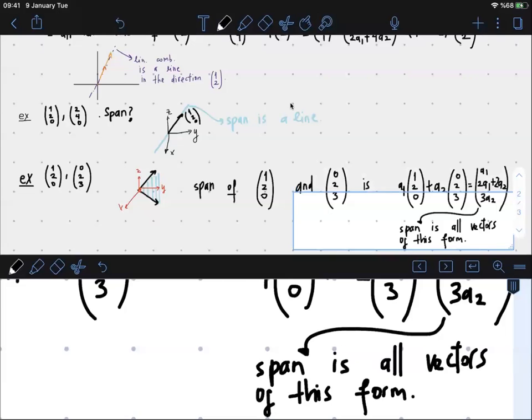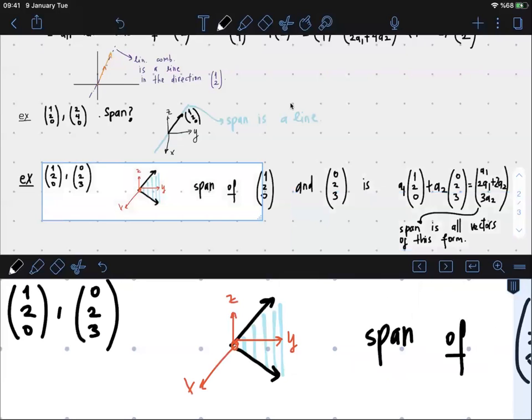Any questions about this? So all vectors of this form make up this shaded region. It's the plane, right? It's not bounded like these lines, but it's all the vectors in this plane.